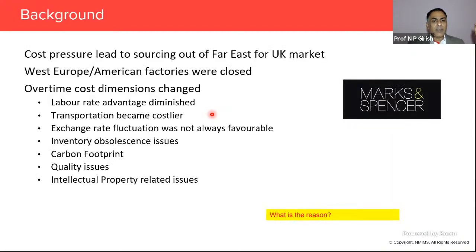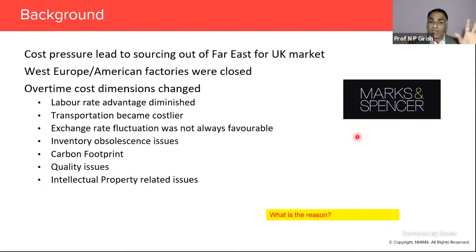Now, we'll take one more example that we may have covered in operations supply management. Here we are talking about Marks and Spencer, and the cost pressure for Marks and Spencer. They went to China around the year 2000, when most organizations were going the China way.